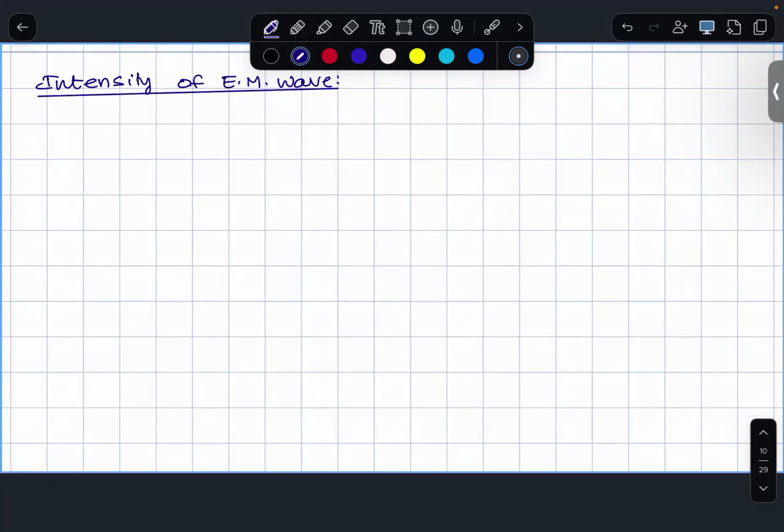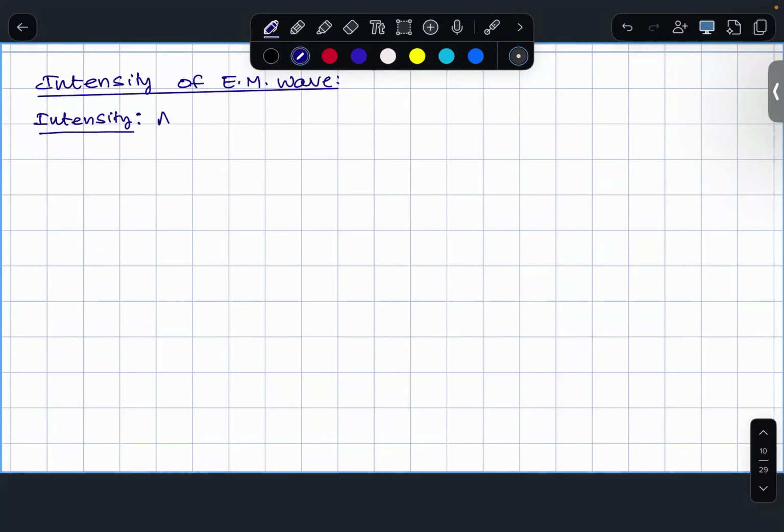What is actually intensity? Already you know this. Anyone in the class? What is intensity? Amount of energy transferred per second per unit surface area normally.